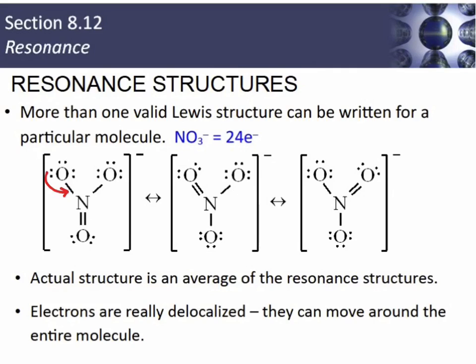And then these electrons that are making this double bond will move to that O. And when that happens, we get what we see in the next picture. And in the next picture, these electrons move back over, and then these electrons will move over and make that double bond.